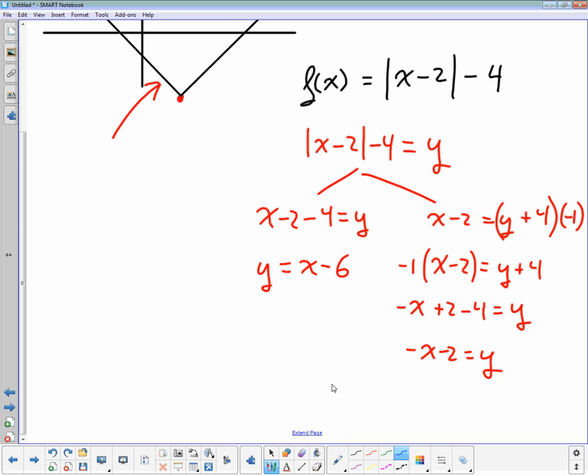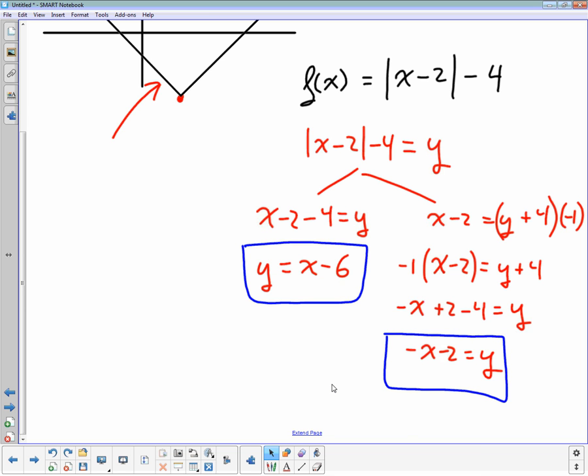So I have two equations for my two lines. This one is the one with the negative slope, and that's the one with the positive slope.